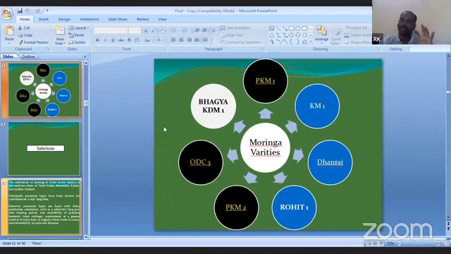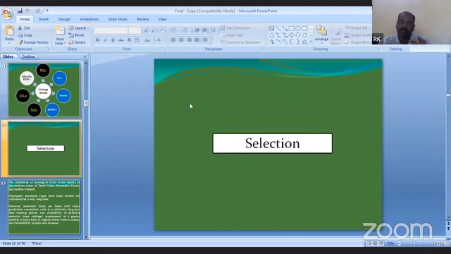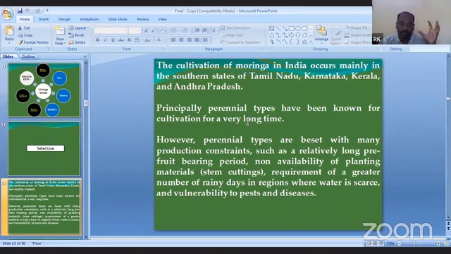Okay, now we have already discussed the hybrid. Now these are the selection process. Now we go for the natural varieties. The cultivation of Moringa in India occurs mainly in the southern states: Tamil Nadu, Karnataka, Kerala, Andhra. It is principally a perennial type, a very long time, that means we maintain it up to 20 years.